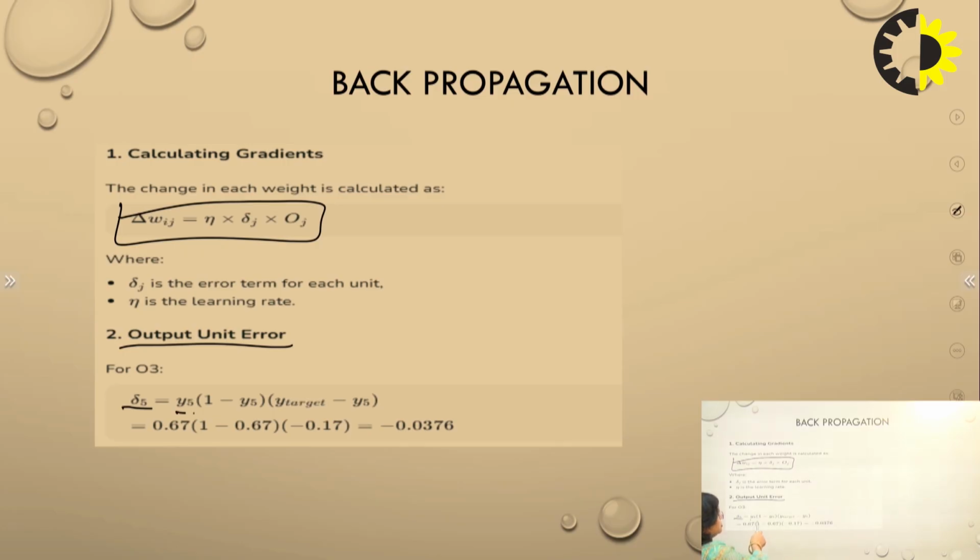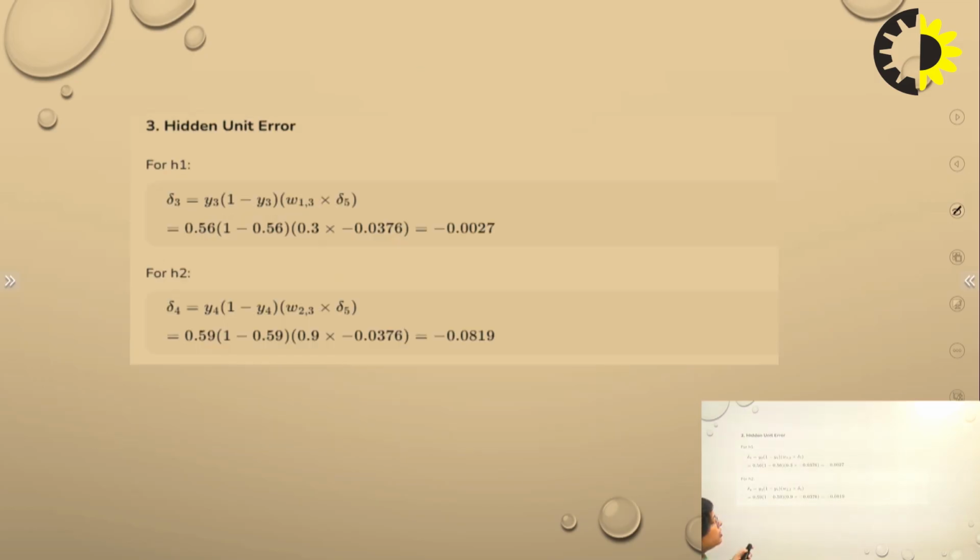The formula we apply is: the output produced by a particular layer, into 1 minus that output, into the expected output minus the output produced. In this way we calculate the gradient from the output layer.